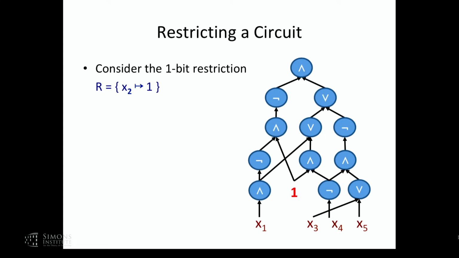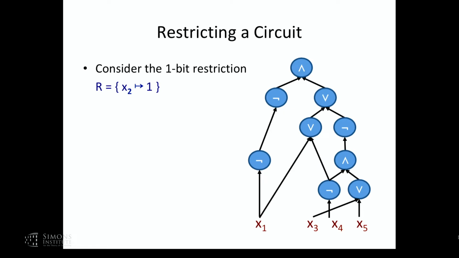So we have this simplification. And now this propagates, so this 1 now feeds into two different AND gates here, which kills these two wires. And then the final simplification step is, we can note that these three gates here all lost a wire, so we can bypass them and draw wires like that. So this is the effect of this 1-bit restriction on this circuit.